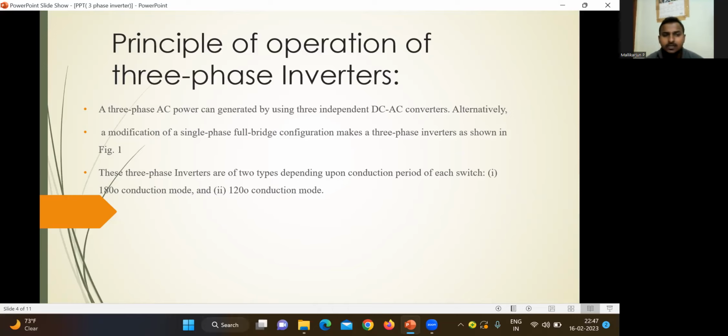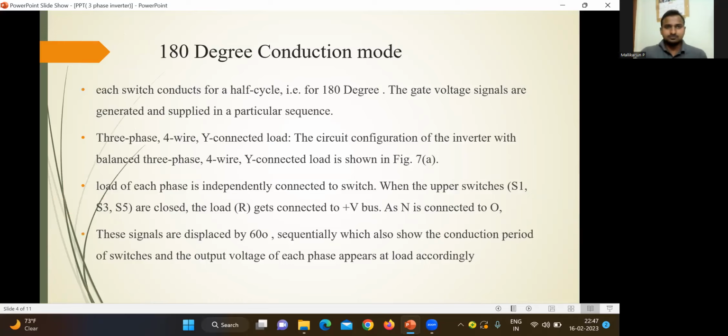In 180 degrees conduction mode, each thyristor conducts for 180 degrees of operation. Next, in 120 degrees conduction mode, each thyristor conducts for 120 degrees. But the circuit diagram is the same for both cases.